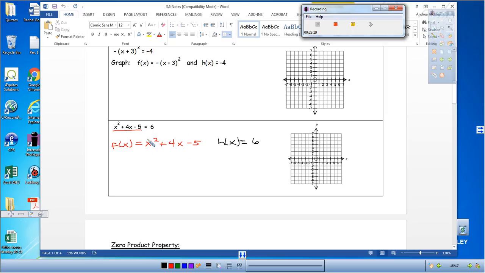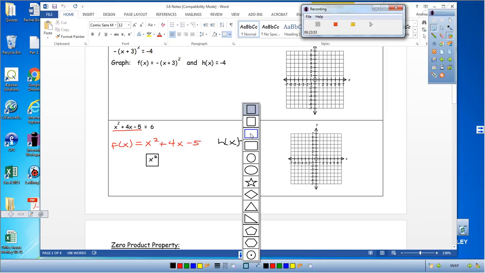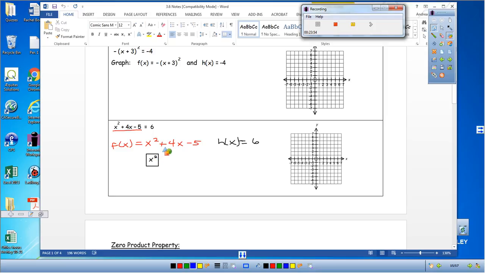So for this, I would change this into vertex form because that makes it easy for me to graph. So I'm going to complete the square. Remember, I'm going to draw my little boxes. I have x squared goes here. Then I need to make my rectangles. There's 4 x's, so how many do each of my sides get? 2.